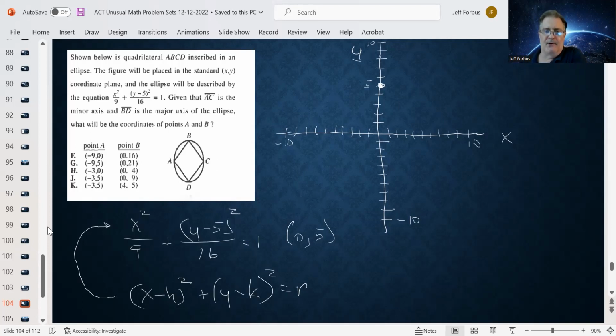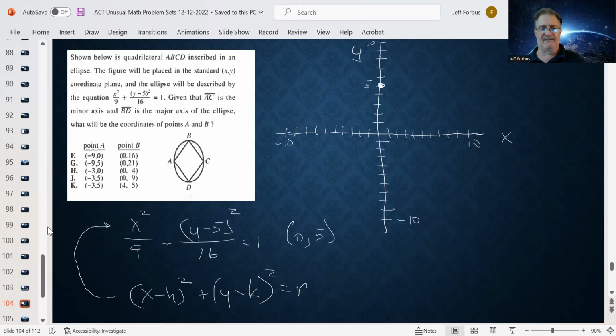Now, we found the center of the ellipse. The denominator of the ellipse equation gives us information about the ellipse. Notice that the 16 is the largest number, and 9 is a smaller number.